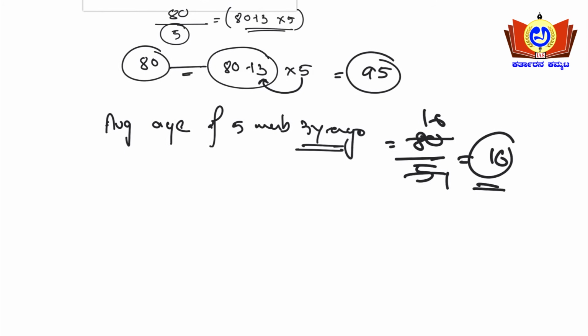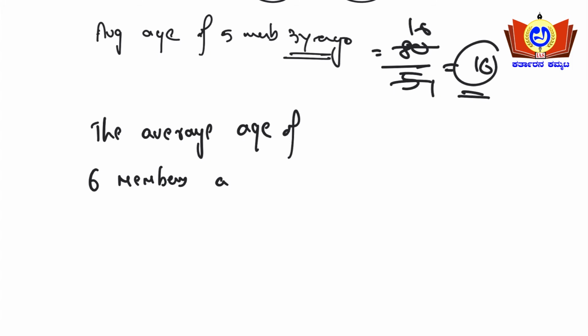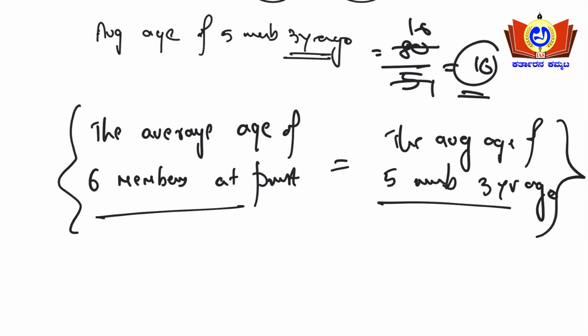According to the question, my dear friends, the average age of 6 members at present will be equal to the average age of 5 members 3 years ago. According to the question, this is the condition here, so you need to take care of this very much.